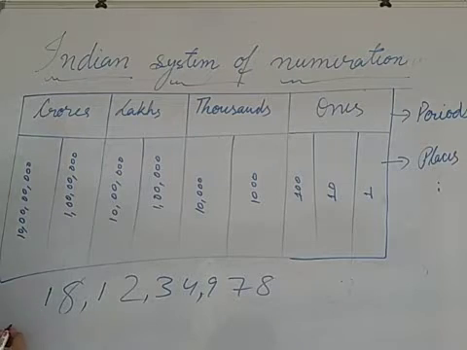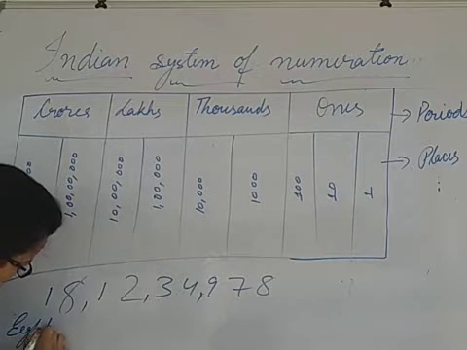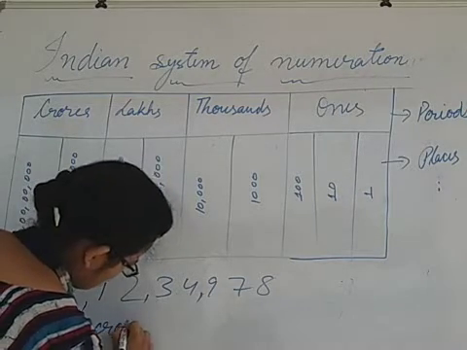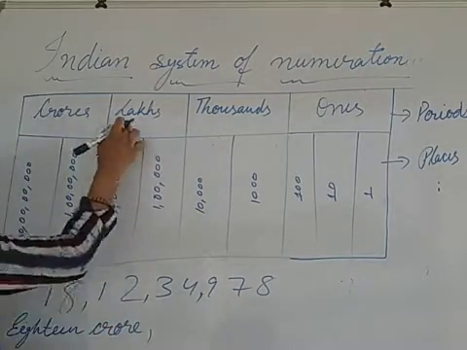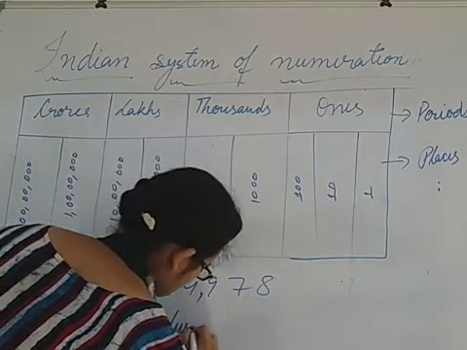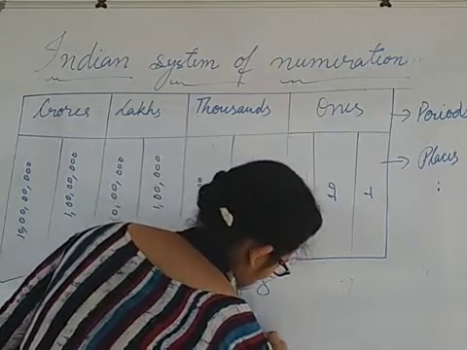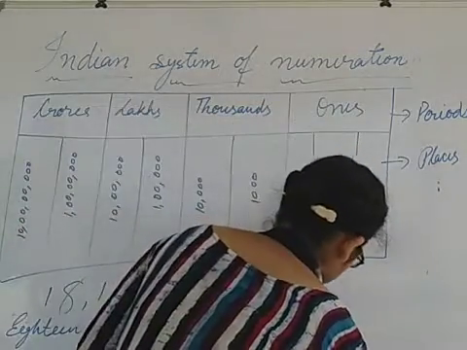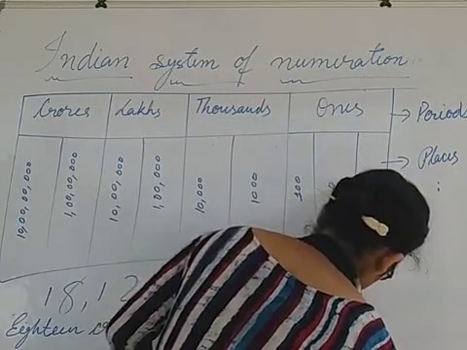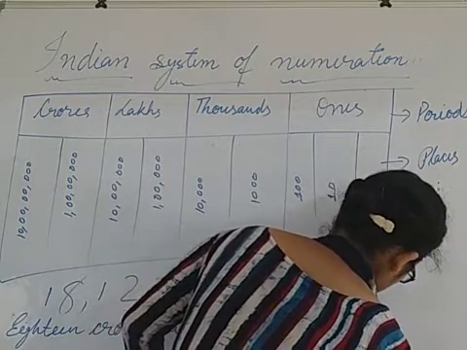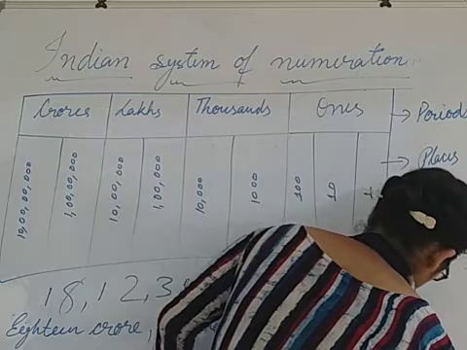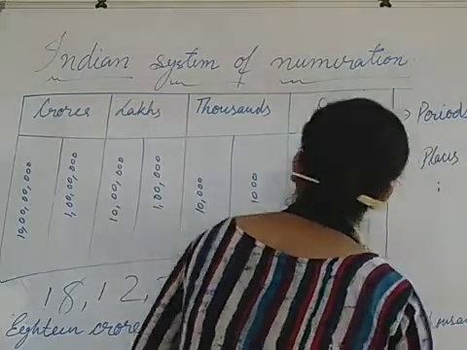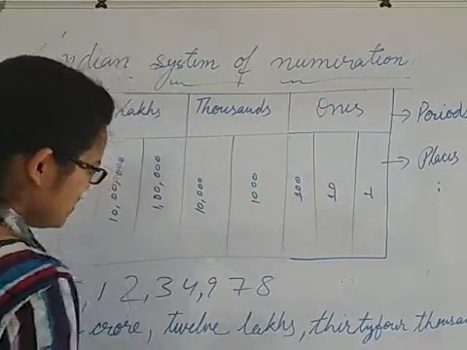So we can write this number as 18 crore, 12 lakhs, 34,000, 978.